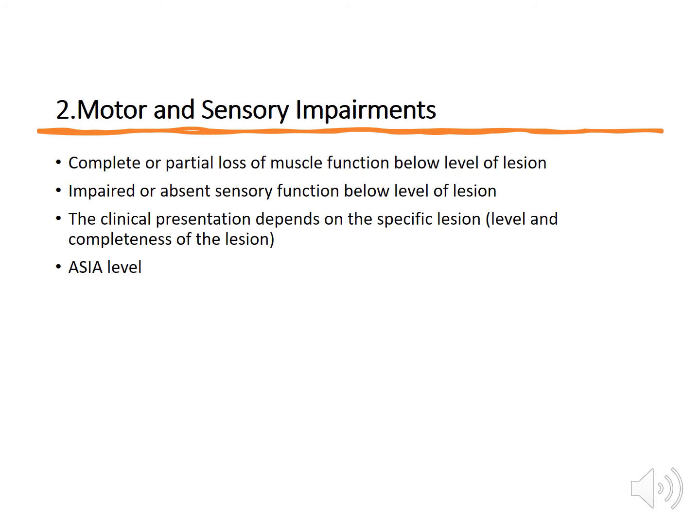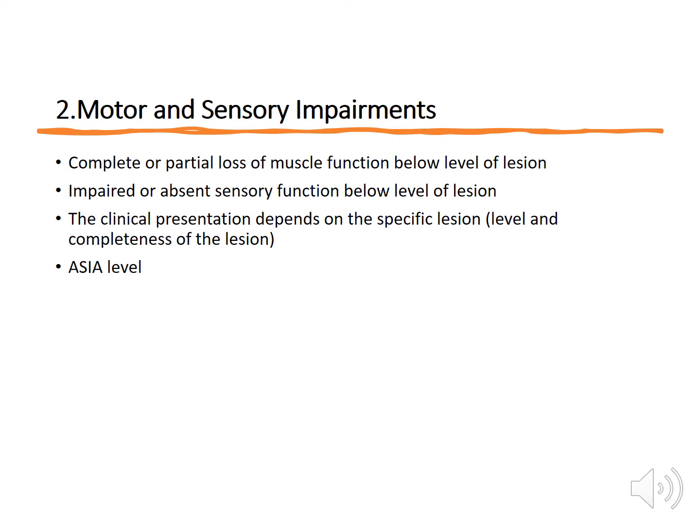The second clinical manifestation is going to be motor and/or sensory impairments that we have been talking about pretty much since the beginning of the lecture. There's going to be complete or partial loss of muscle function below the level of the lesion. There's going to be impaired or absent sensory function below that level of the lesion.